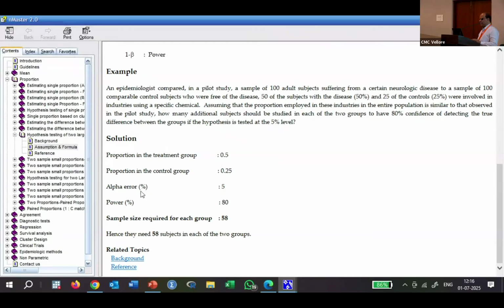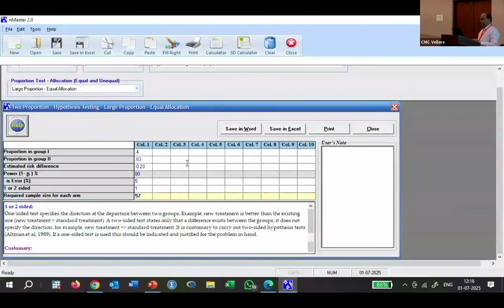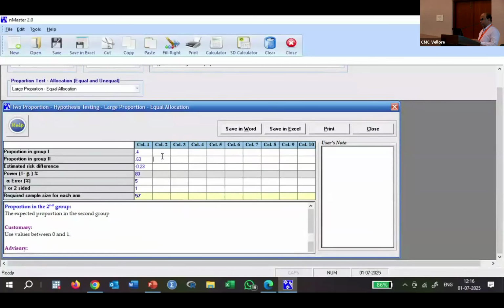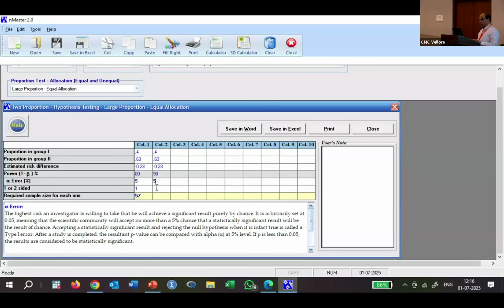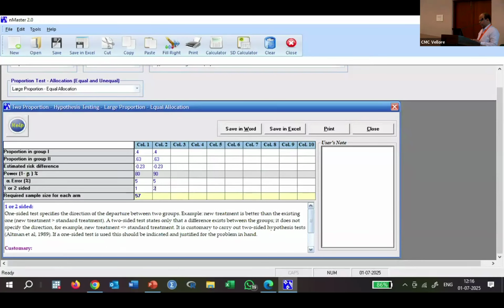There are various scenarios you can put. One minute, I'll show you. Supposing here 0.4 and 0.63. This is calculated, and instead of 80%, you put 90%, 5%, two-sided, 97 subjects.